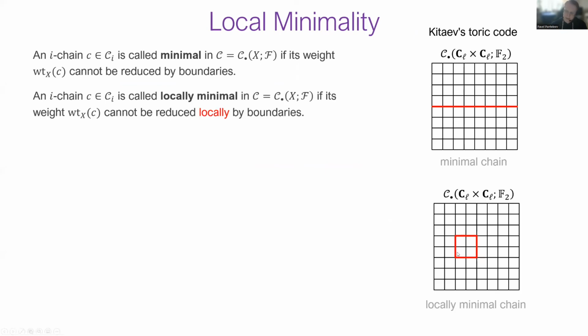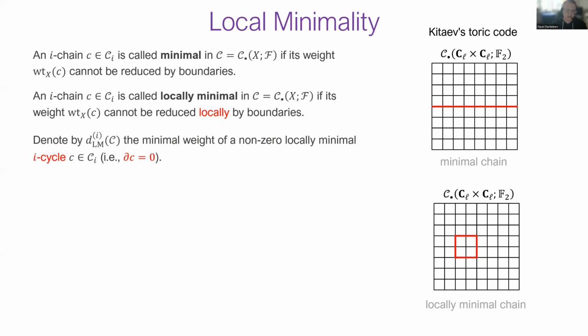But here we have another kind of one-chain. This one-chain can be reduced to zero if we add the boundaries of these four squares. So this is not a minimal one-chain, but in fact its weight cannot be reduced by applying just one boundary. And we call such chains locally minimal.